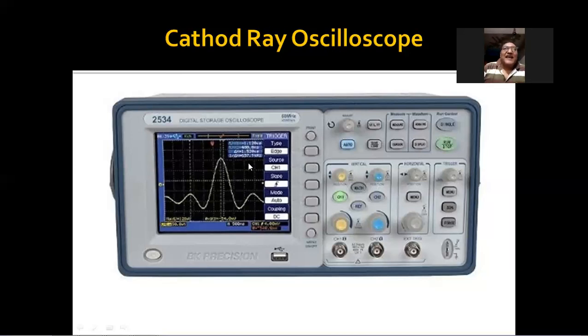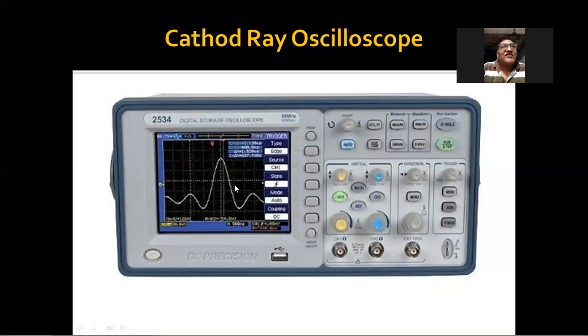For example, I can quote you a very good example. If you have a mic, and you attach the wires of the mic to this CRO, cathode ray oscilloscope, then when you talk, the mic will convert your sound into electrical signals, and those electrical signals are then fed to this device, the CRO, and the device will make the graph of your sound here.